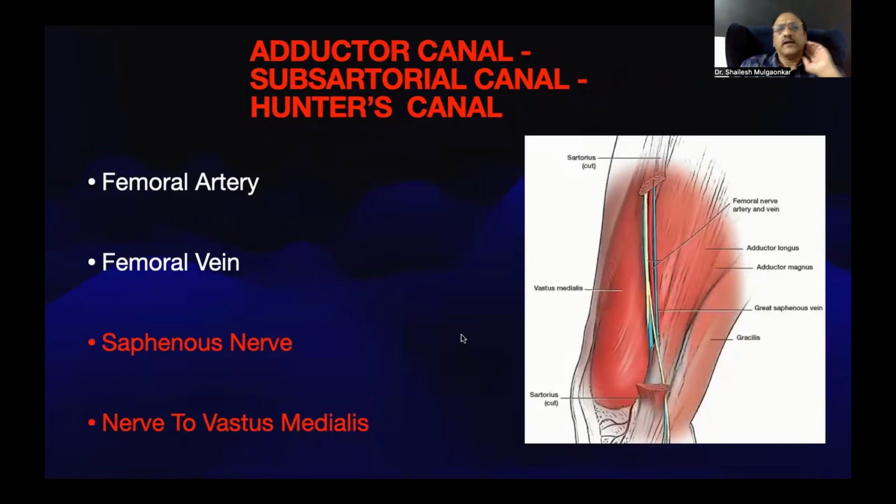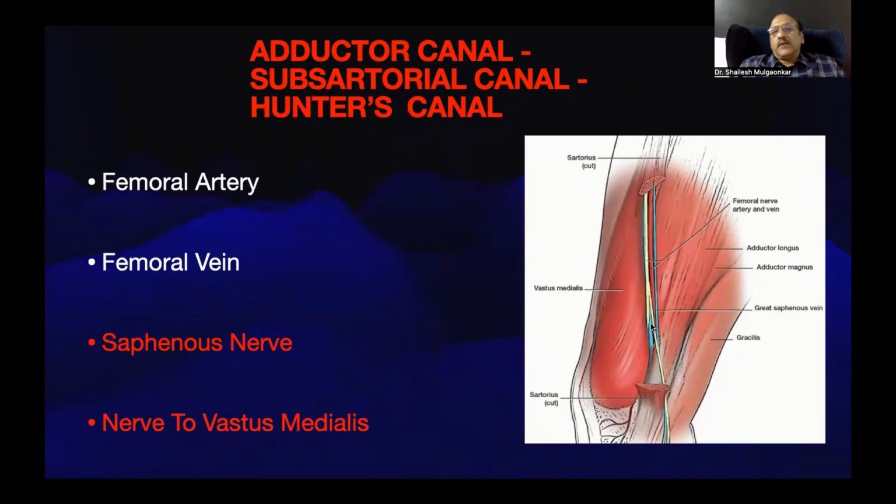Now let us come to the adductor canal. It is also called the subsartorial canal or the Hunter's canal. Now what are the contents of the adductor canal? The femoral artery, the femoral vein, the saphenous nerve and the nerve to vastus medialis.